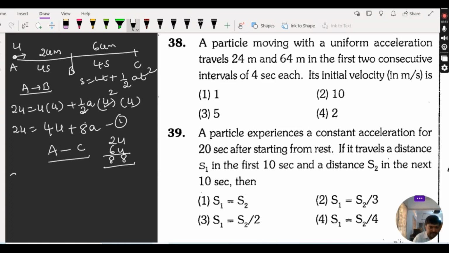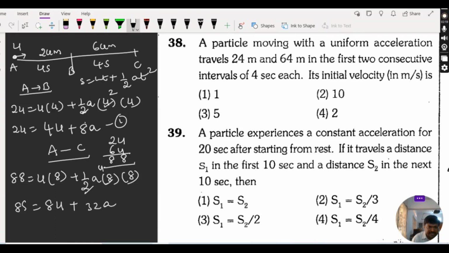So in the place of s, 88 meter is equal to initial velocity u, time taken 4 plus 4, that is 8, plus half a t square, that is 8 into 8. So 88 is equal to 8u plus 32a.